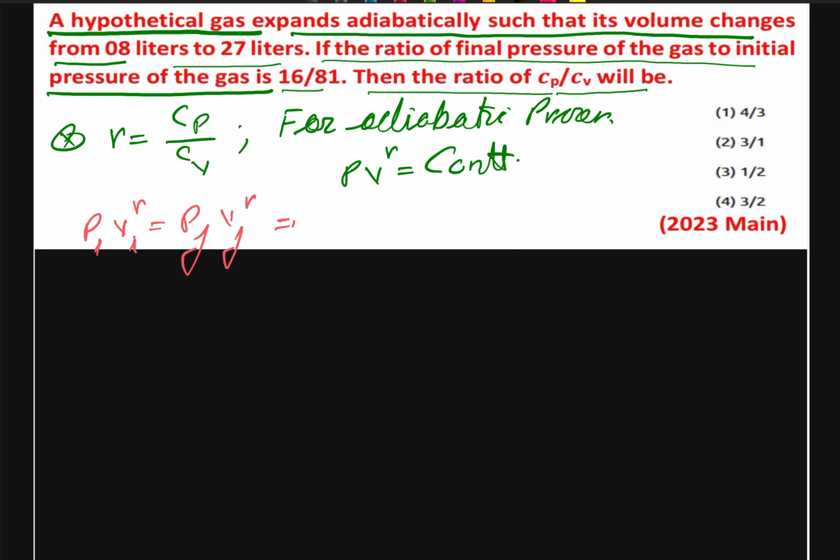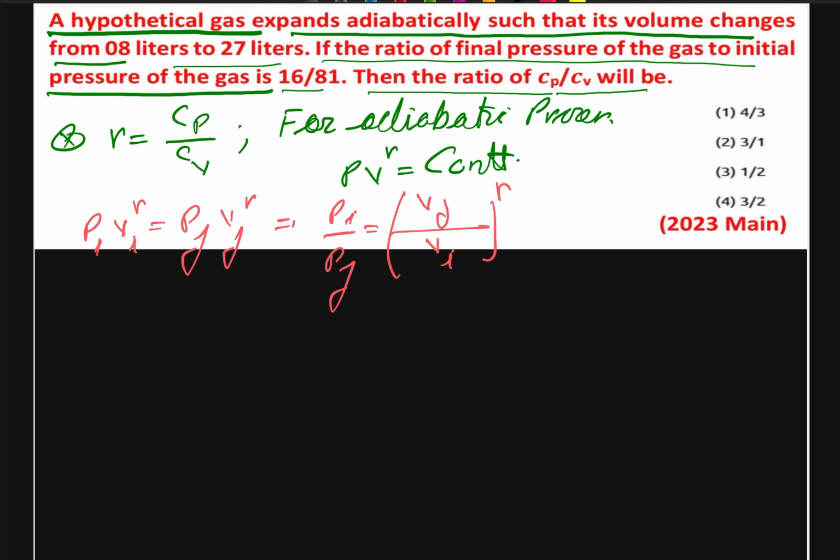From here we can write P initial upon P final is equal to V final upon V initial whole raised to power gamma. Both are given.